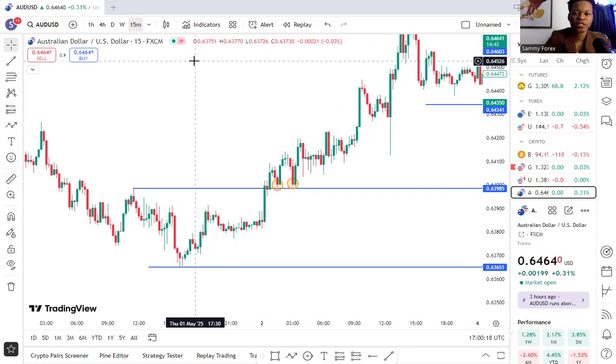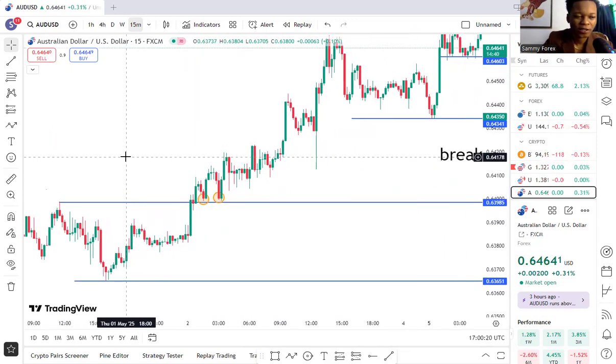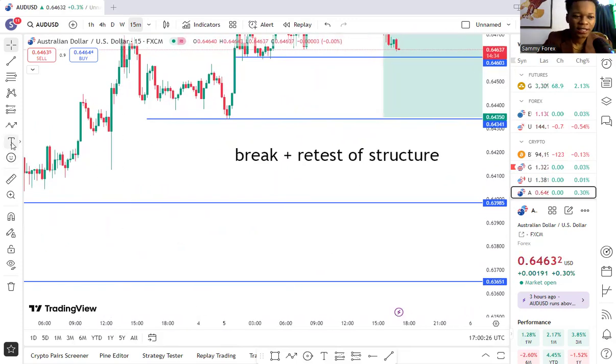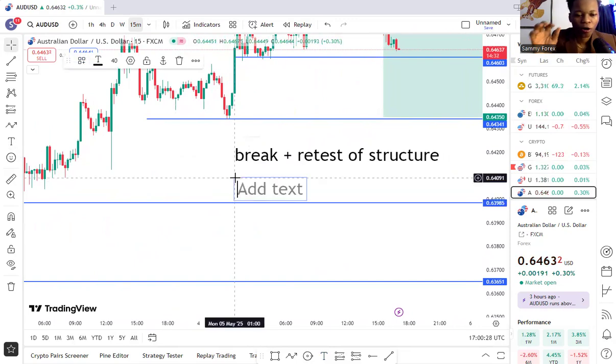All right. So the second one we are going to be talking about is entry on change of character, which is your number two. Entry on change of character.